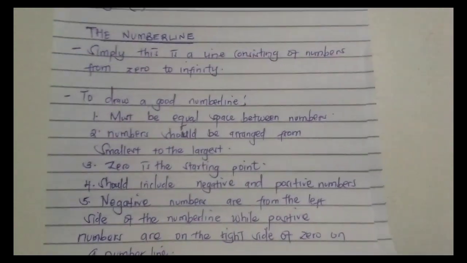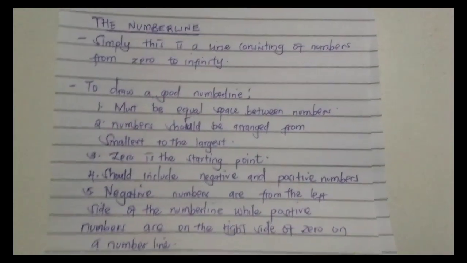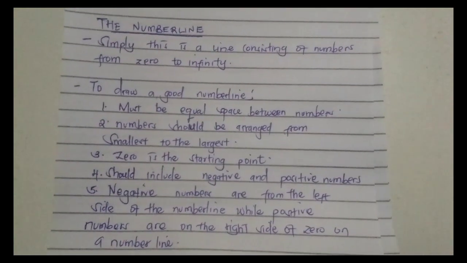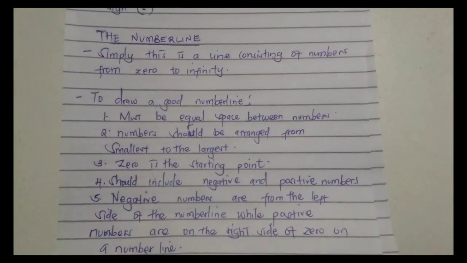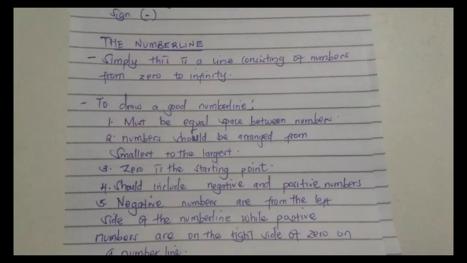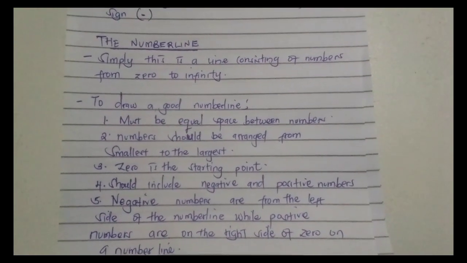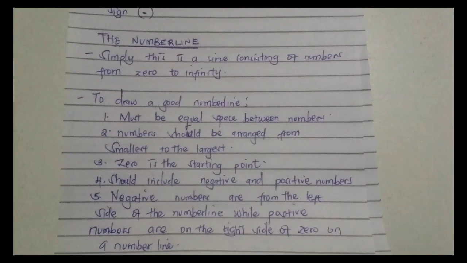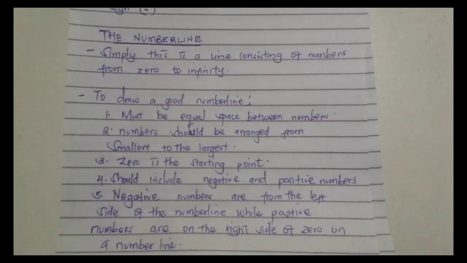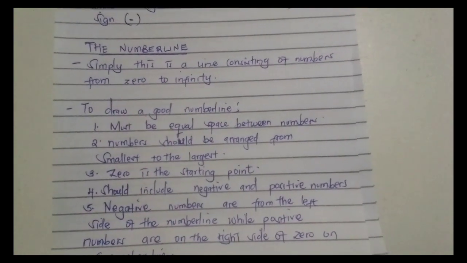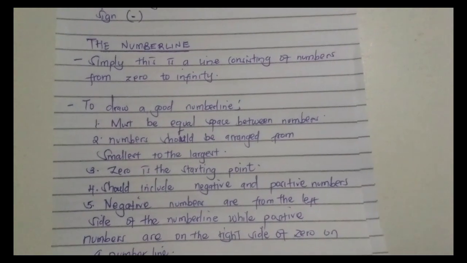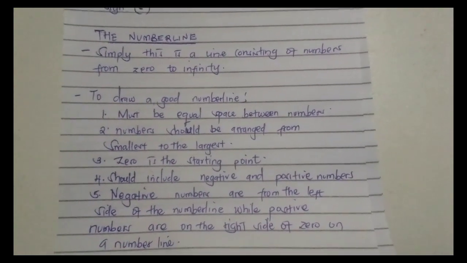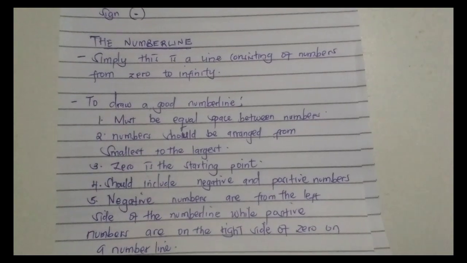From all the characteristics of a number line that I've just shown you, be keen, go through whatever we've talked about, how we represent numbers and the characteristics, and make sure that we already know how to present them and how to go about them.